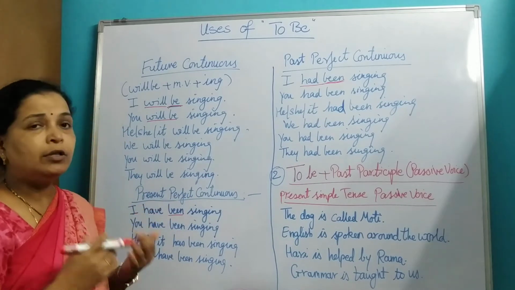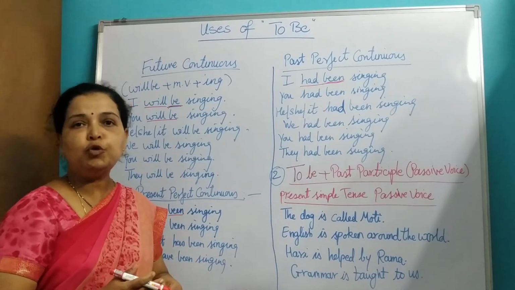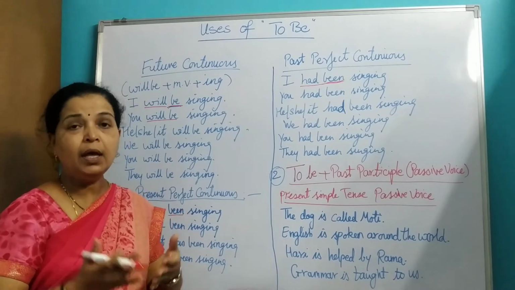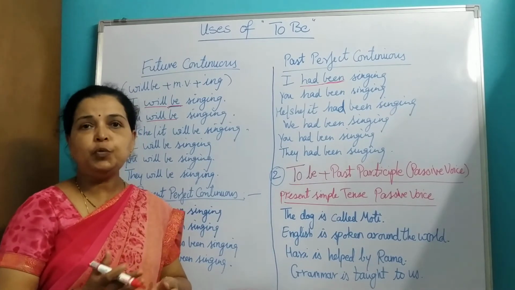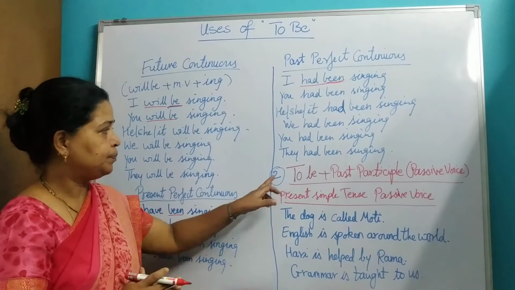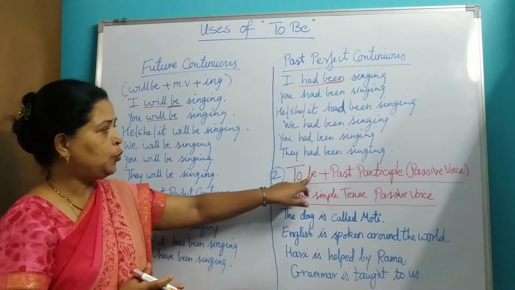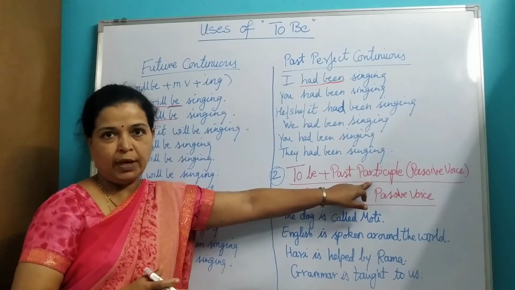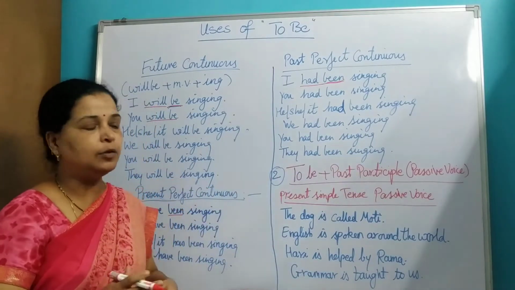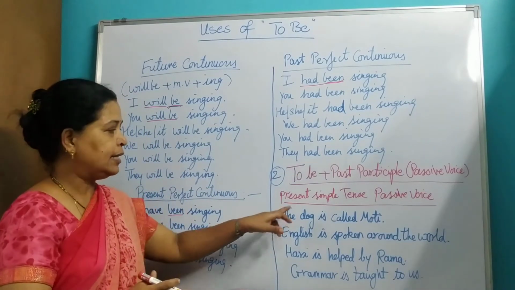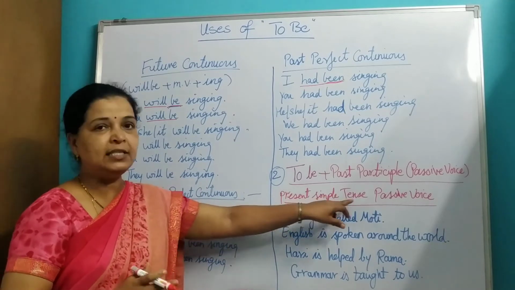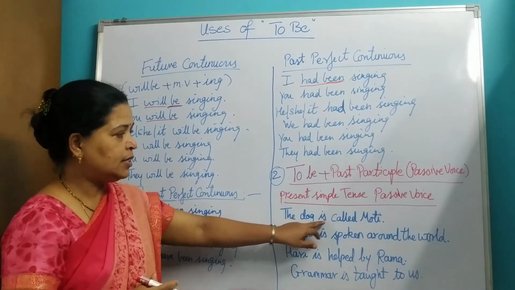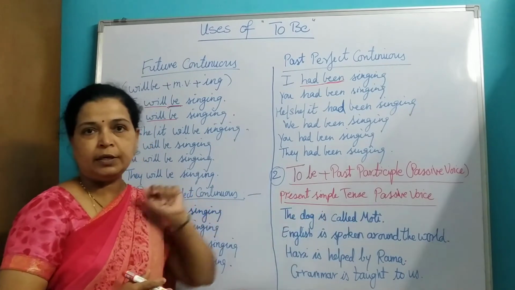Got it? Now the second use of to be as an auxiliary verb is in the passive voice. Now let's see how to use to be in the passive voice. The form is to be plus past participle. Let's see the present simple tense in the passive voice. Example: the dog is called Moti.